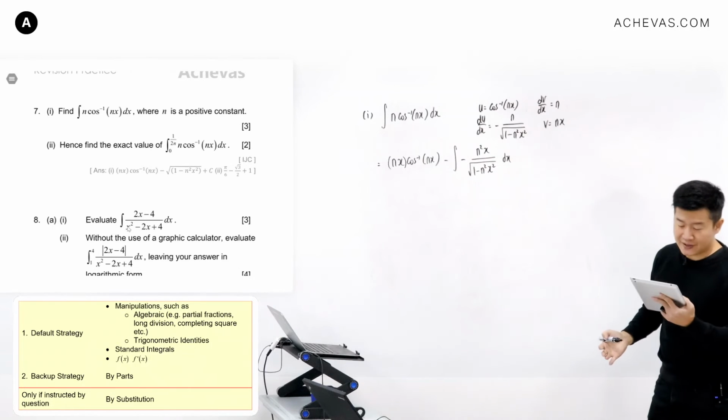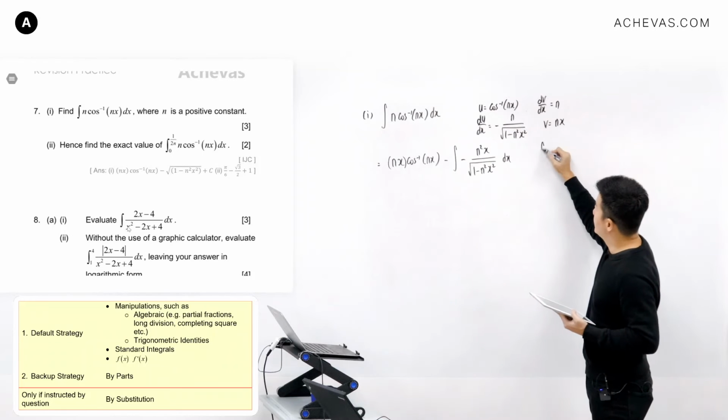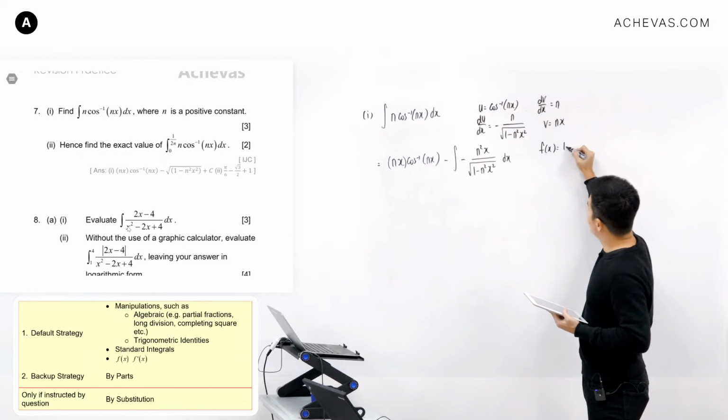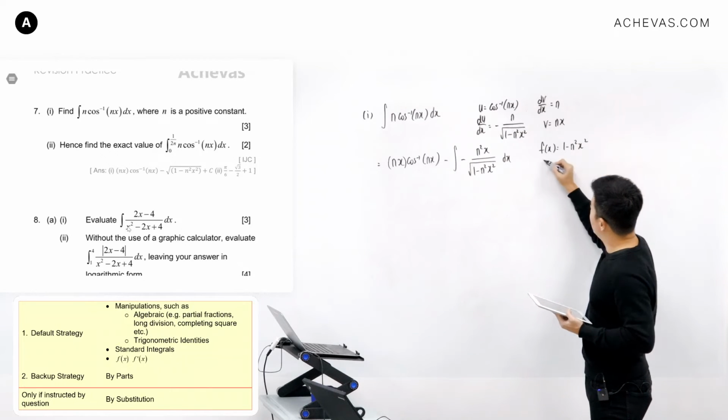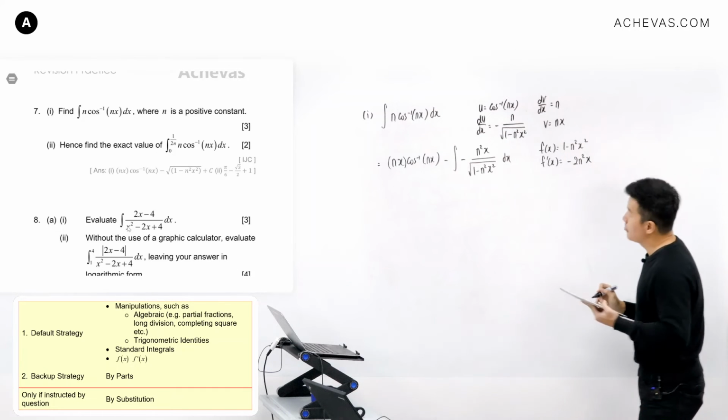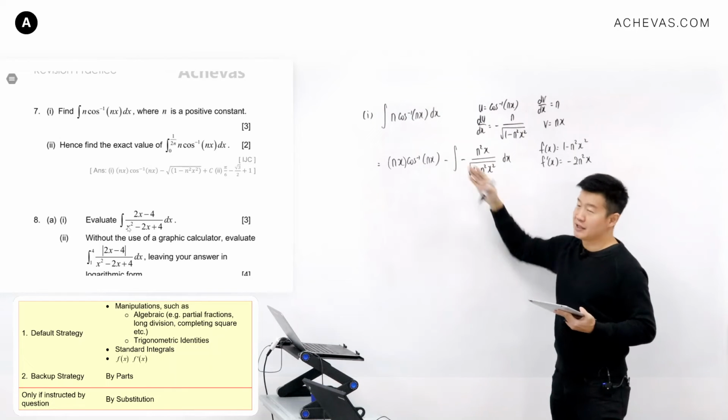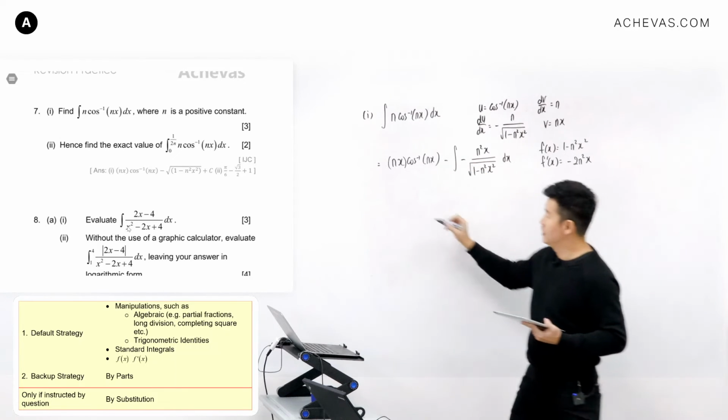And I'm going to apply f(x), f'(x) here, because f(x) is this, 1 minus n squared x squared, and f'(x) is going to be minus 2n squared x. And we're going to create the 2 here by dividing by a 2 outside.